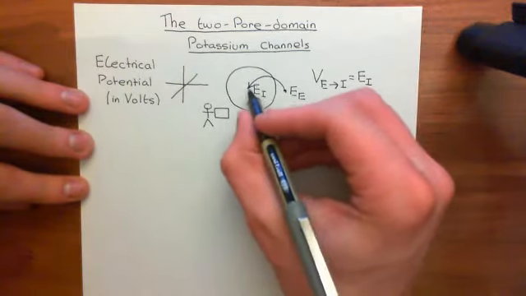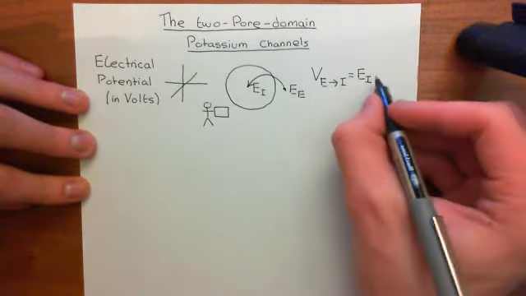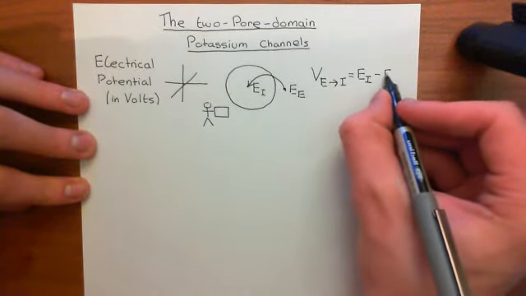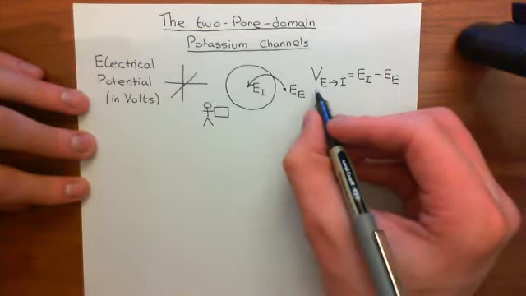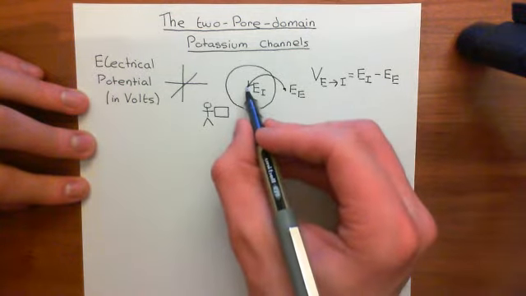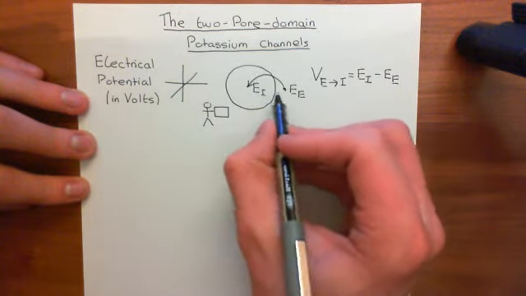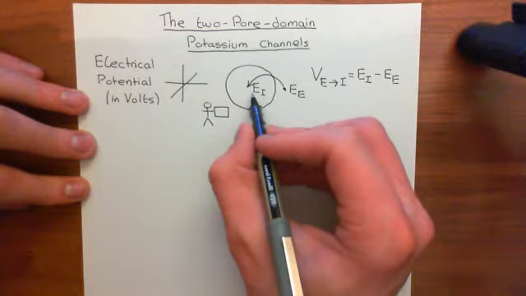So after he's moved, the number on his screen will be the electrical potential intracellularly, subtract off the original number, which was the electrical potential extracellularly. Okay, so this is the answer to what the electrical potential difference across the cell membrane is in terms of the extracellular electrical potential and the intracellular electrical potential.